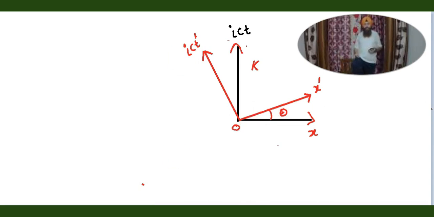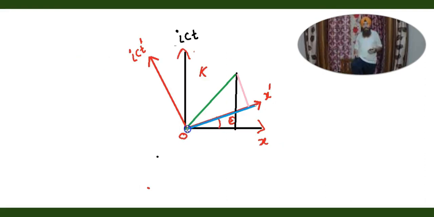Now this is any distance. The perpendicular to the x-axis is like this, and then the perpendicular to the x dash axis. These two are the perpendiculars, one on x, the other on x dash.